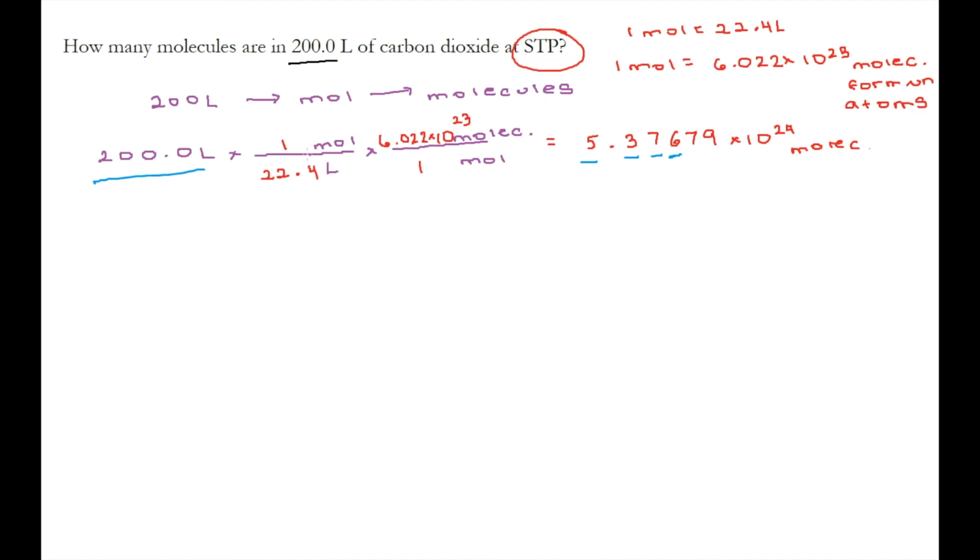These are exact values, so I'm not going to count them for sig figs. I'm just going to be using my given. Now I need to look at the next digit to see if that'll affect the last digit. It actually will in this case. So you've got 5.377. Don't forget the times 10 to the 24th, because that totally changes the number. And you've got molecules. And so that is your final answer.